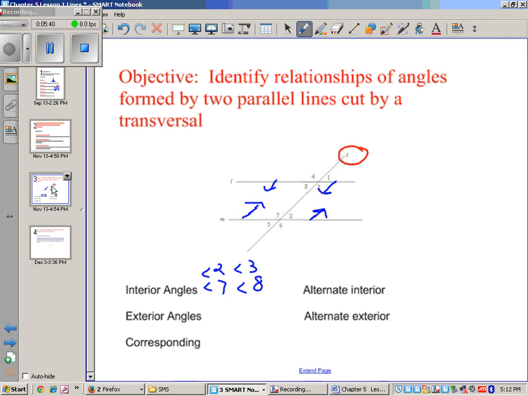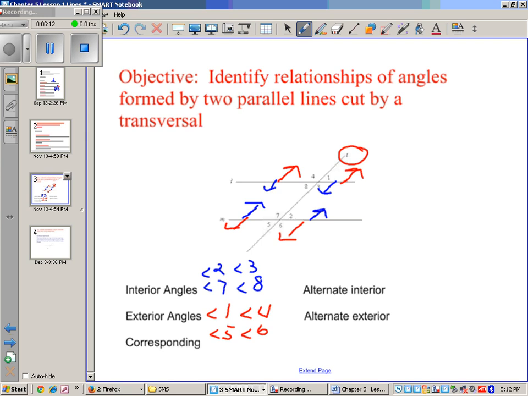Okay, our exterior angles for this would be angle 1, angle 4, angle 5, and angle 6. You notice these are all on the outside of the parallel lines. They're on the outside looking in, so 1, 4, 5, and 6 are exterior angles.